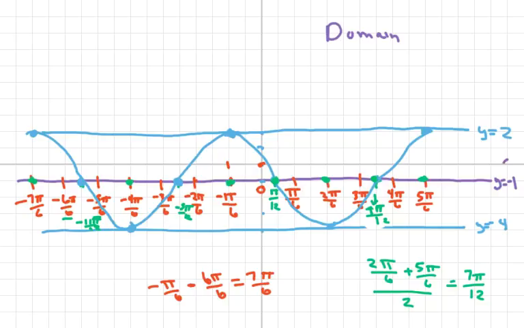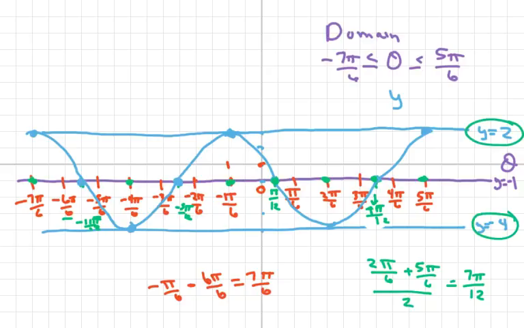So my domain is going to be between negative 7 pi over 6 and 5 pi over 6. And my range is your vertical part, and that's from negative 4 to 2. And that's your domain, and this equals your range.